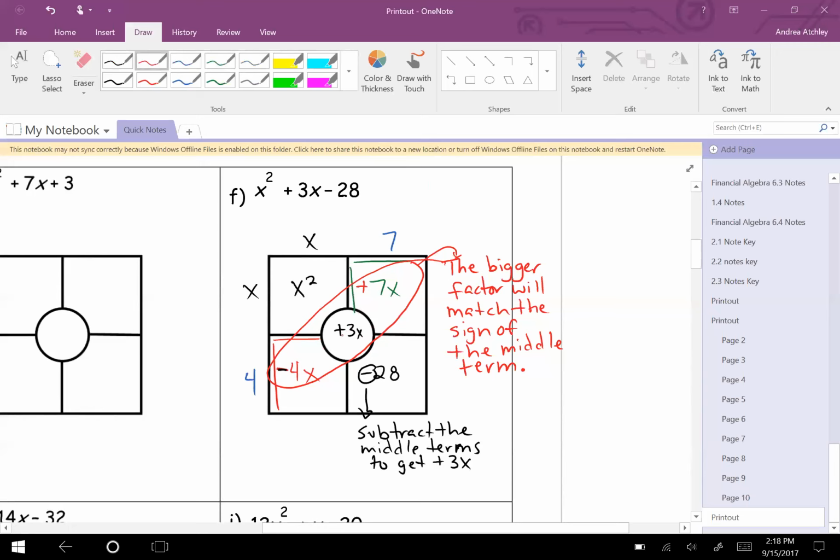So it's positive, so the 7's positive. That means the 4 needs to be negative. So you have to move that negative out here and have a negative 4, and move that positive out here and make that a positive 7. So we have x minus 4 times x plus 7.